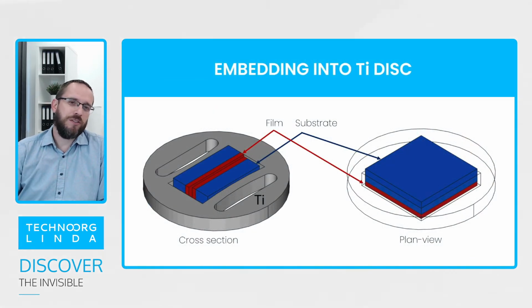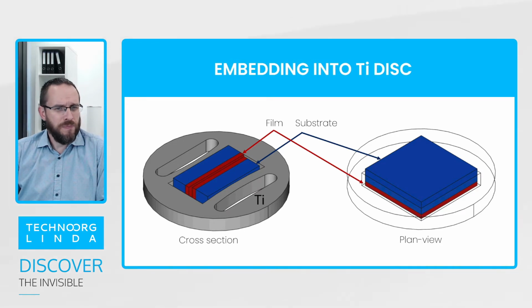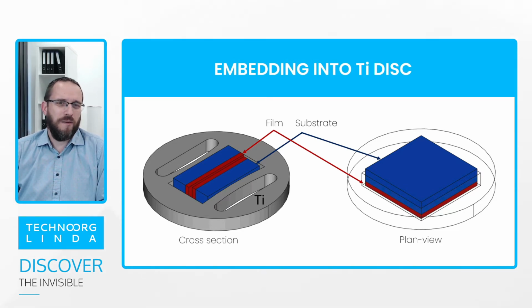Now, once you cut your samples, you will insert them into a titanium grid. For cross-section and plan view, Technoorg offers two different titanium grids. And once you have inserted the sample pieces into the titanium discs, the gaps need to be filled with a special embedding glue.